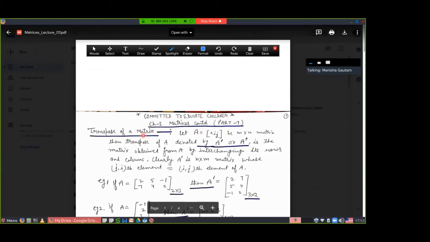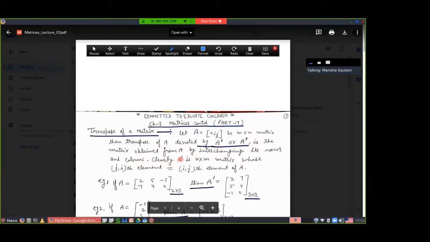Definition of transpose of a matrix. First you have to read it. Let A equal to matrix Aij be an m by n matrix, order m by n. Then the transpose of matrix A, denoted by A dash or A to the power T, is the matrix obtained from A by interchanging its rows and columns.